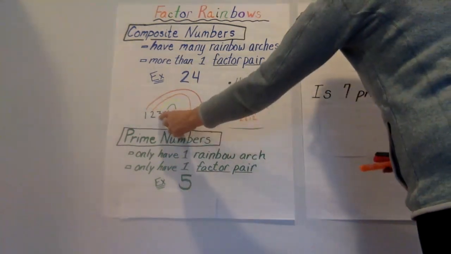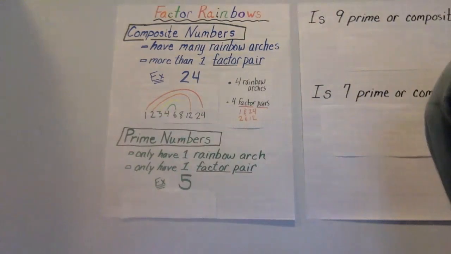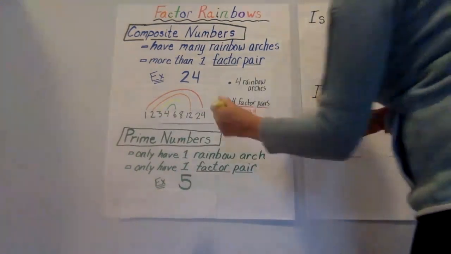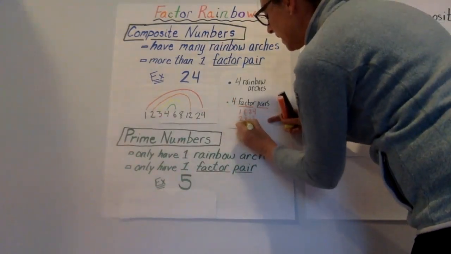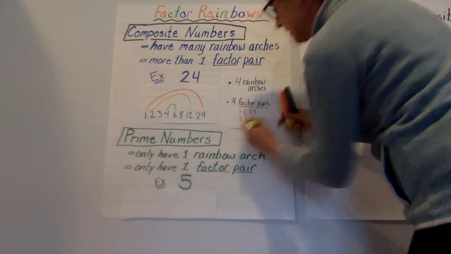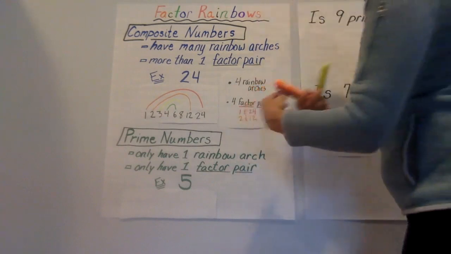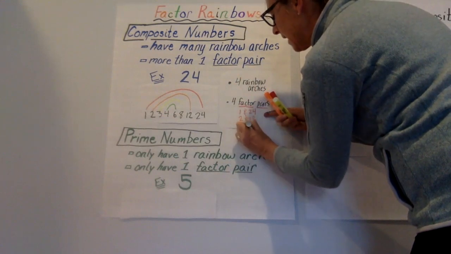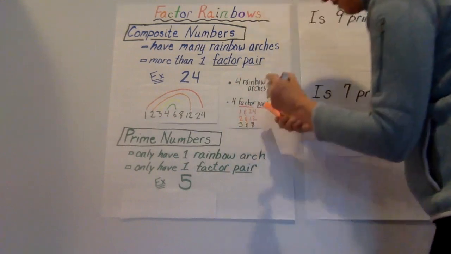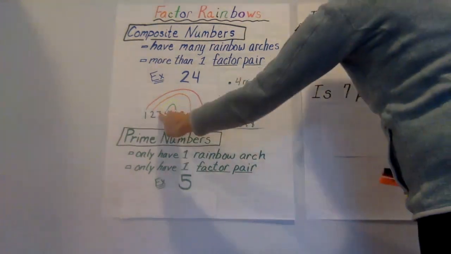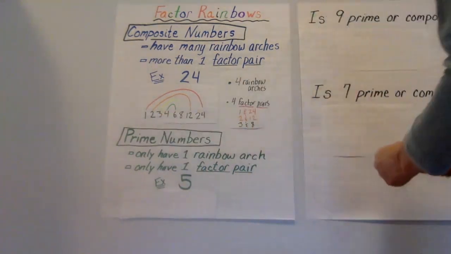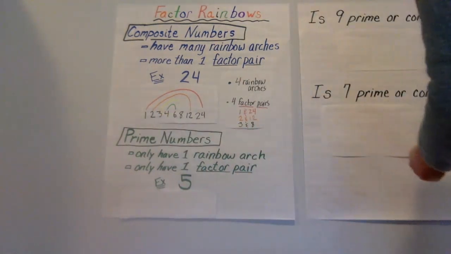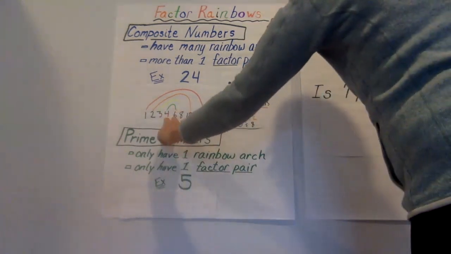I know that 3 and 8, I don't think you can see this if I use this color, so I'm going to do it over. 3 and 8 are factor pairs because I know 3 times 8 is 24. And then the last one is this one here.